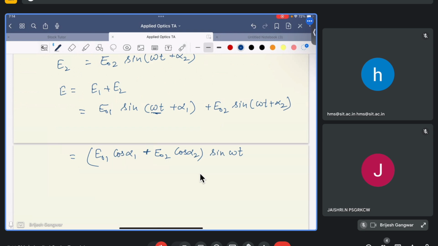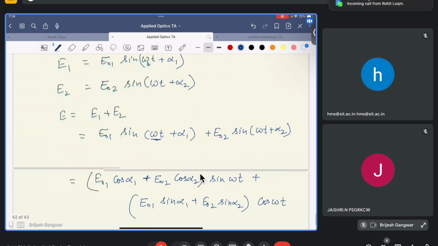Similarly, the second term will be plus (E01 sin α1 + E02 sin α2) cos ωt.